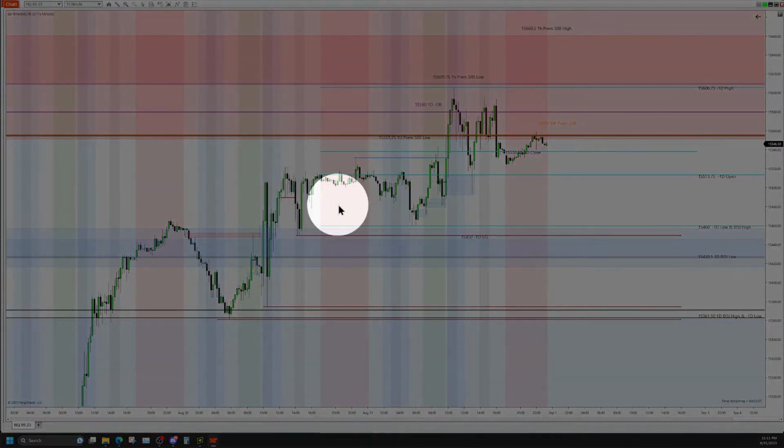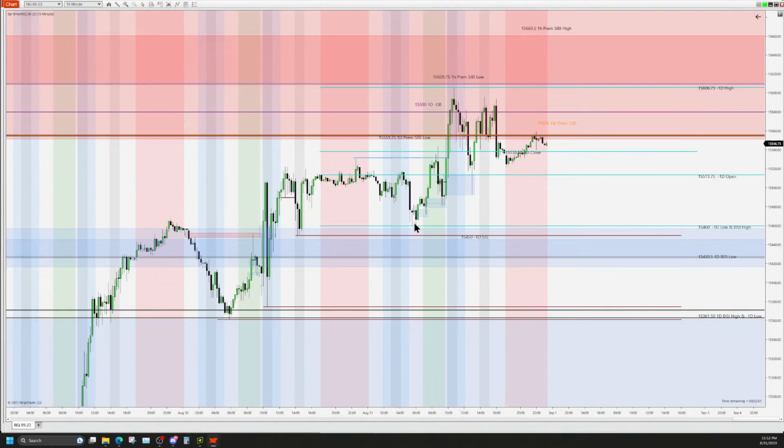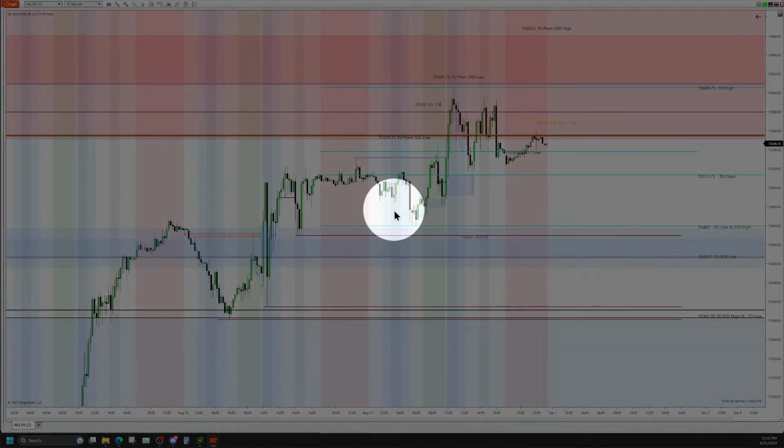We started the day, we went up, we started to get a few shorts in, but we didn't make a lower low. We made a higher low, and once it took out that liquidity, it made an entry for people to start going long, and this was a magnificent trade up.